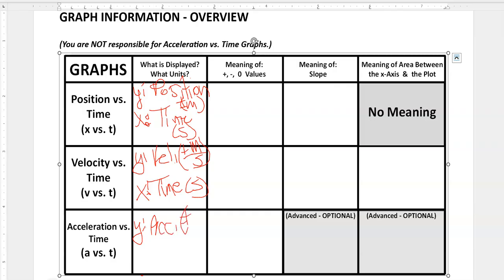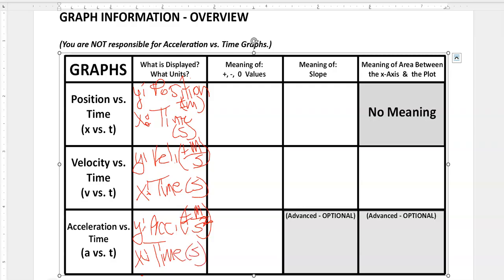That would be plus or minus meters per second squared. So you'll notice the units: plus or minus meters for position, plus or minus meters per second for velocity, and plus or minus meters per second squared for acceleration. And of course, time is always on the x-axis, and that is always in seconds for these plots.